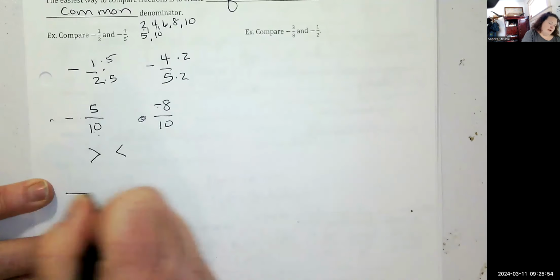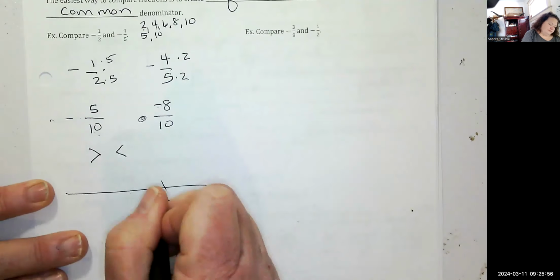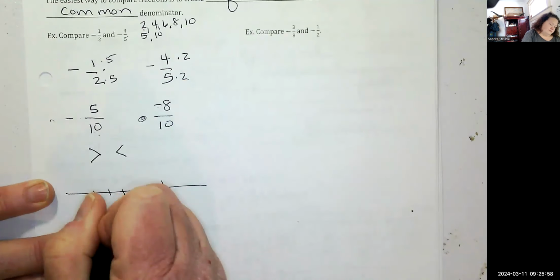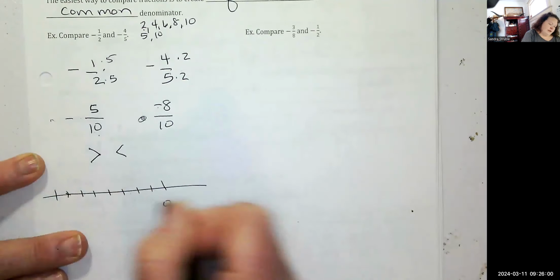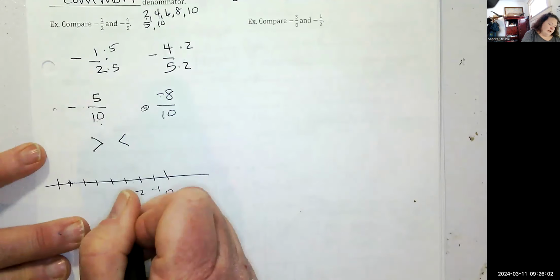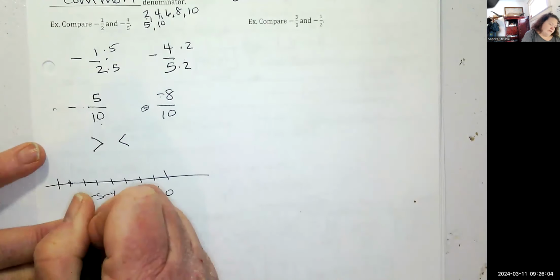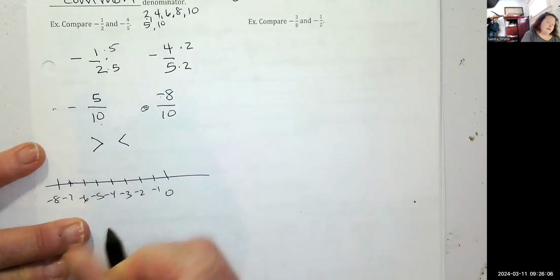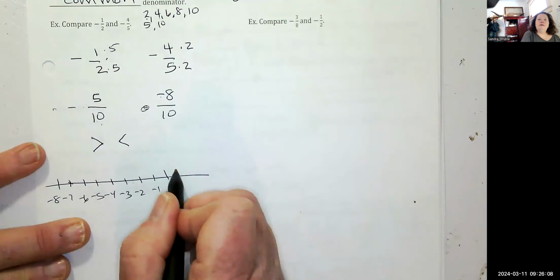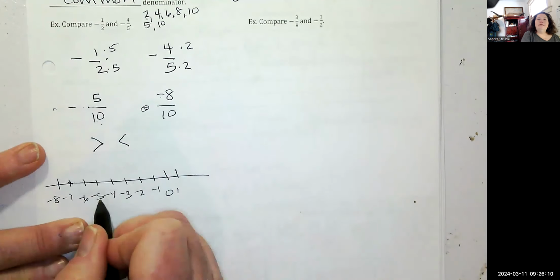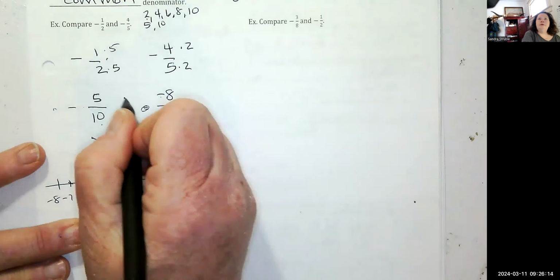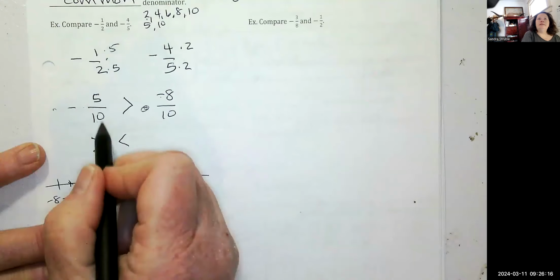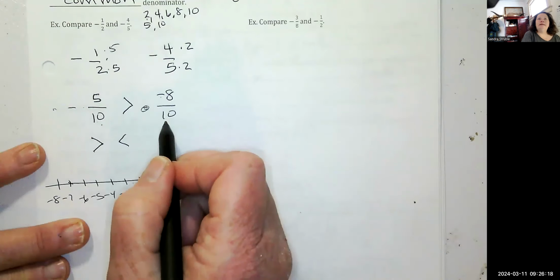So if you think about a number line, -1, -2, -3, -4, -5, -6, -7, -8. -8 is less than -5. So it needs to be like this: -5/10 is greater than -8/10.